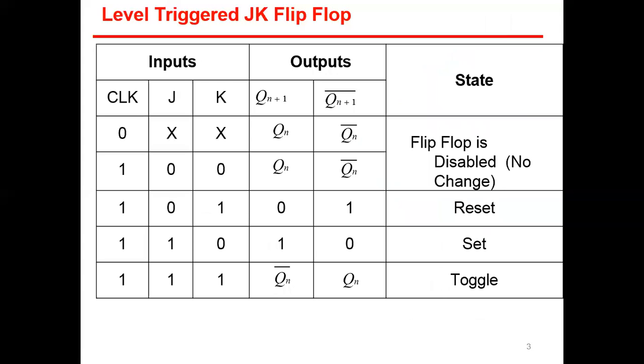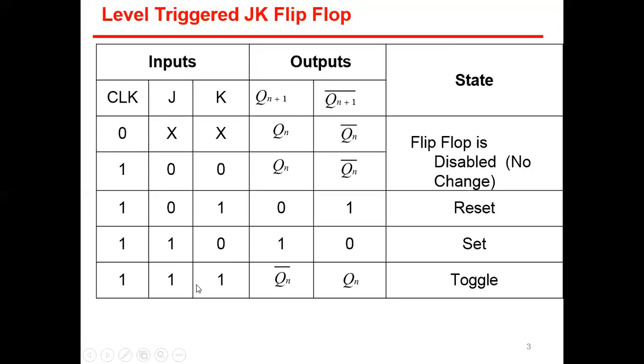Let us check the states of the truth table of the JK flip-flop, in which we are providing inputs clock, J and K. Here we have 00, 01, 10 and 11. This is the output state, Qn plus 1 and Qn plus 1 bar. First we provide clock equal to 0.